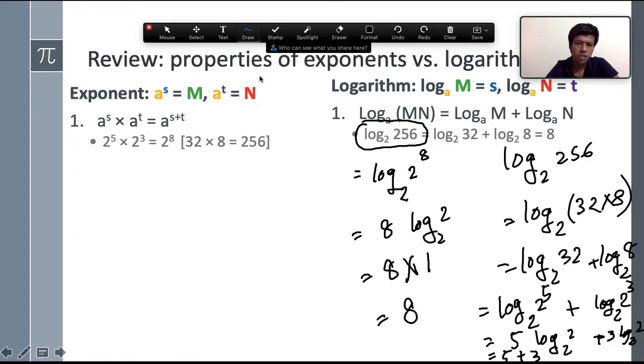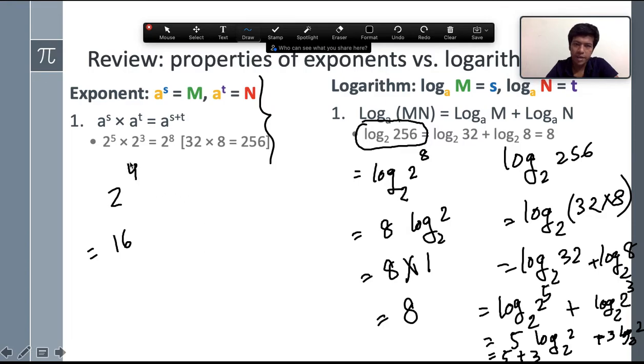And for the exponential part, why it works is actually relatively even easier. Suppose you have 2 to the power, let's say something simple, 2 to the power 4. So 2 to the power 4 equals 16.